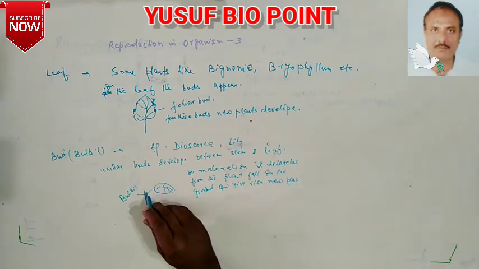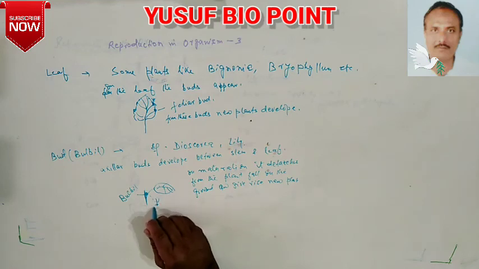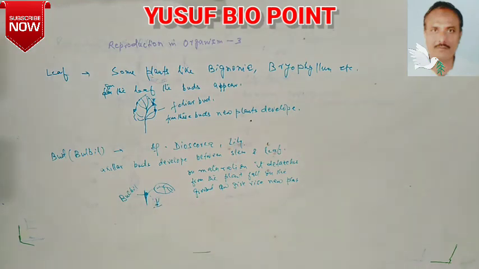So it comes to the ground and from it new plants develop. So this is about the modifications for vegetative reproduction.